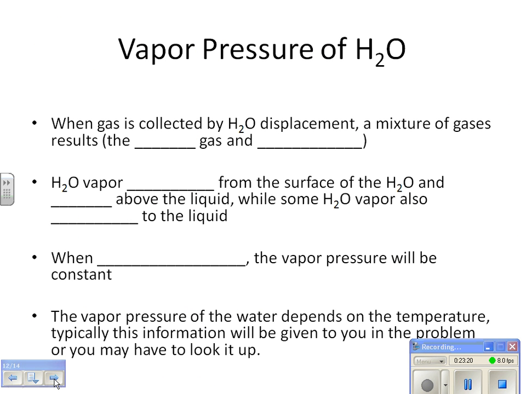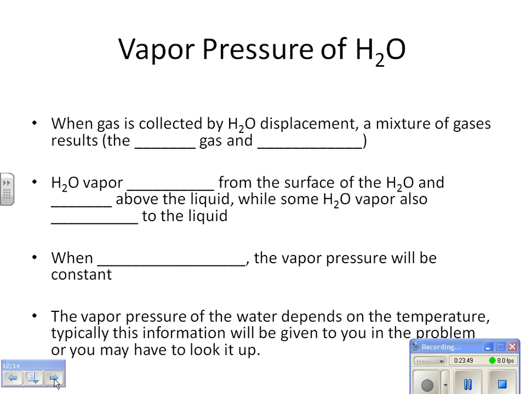Now, vapor pressure. When you collect a gas, many gases look just like air. So how do you know when the bottle is full of the gas? You don't. So you often will fill the container or the bottle with water and then bubble the gas through the water, and the water will be pushed out of the container, and you'll be able to tell when it's full of gas because there'll be no more water left.